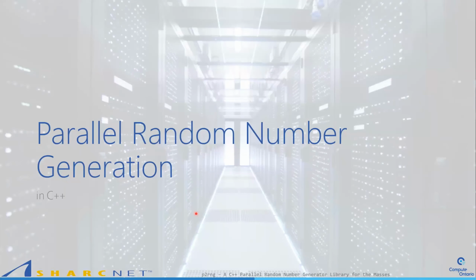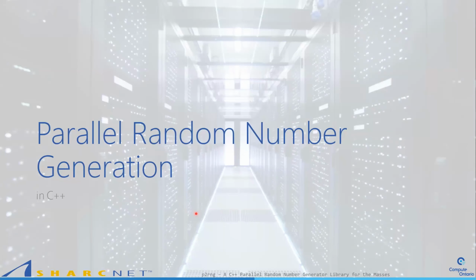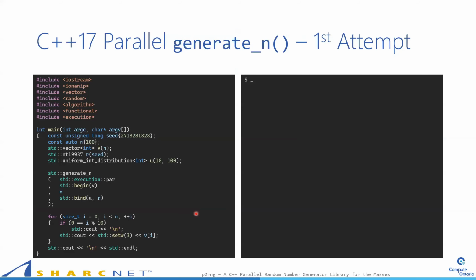Now let's try to make it parallel. C++17 supports parallel algorithms using execution policies, so let's use it to make it parallel. Here are the changes.